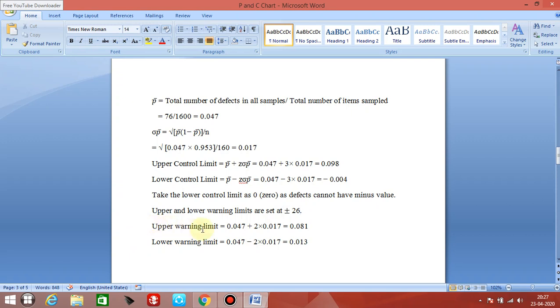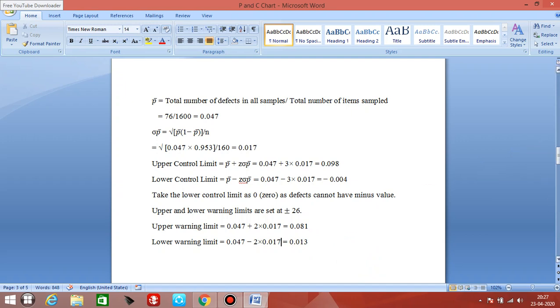Now what is the upper warning limit? It will be P bar 0.047 plus 2 into sigma. So it is 0.081. Lower warning limit is minus 2 into sigma, so we are getting this. So warning limits we have found, control limits we have found.